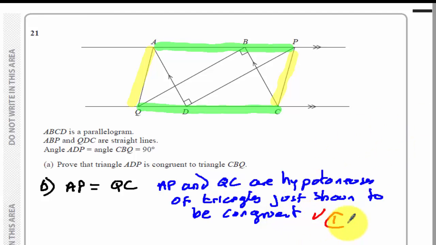And that gets you a mark. And I'm going to have to finish it up here because I'm running out of room.